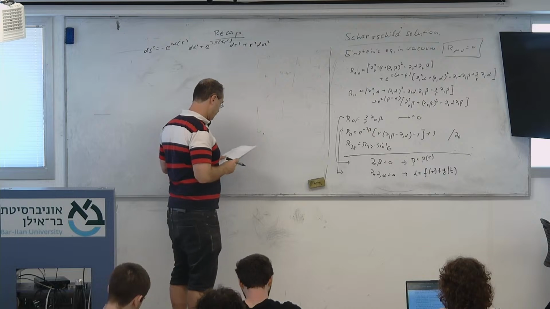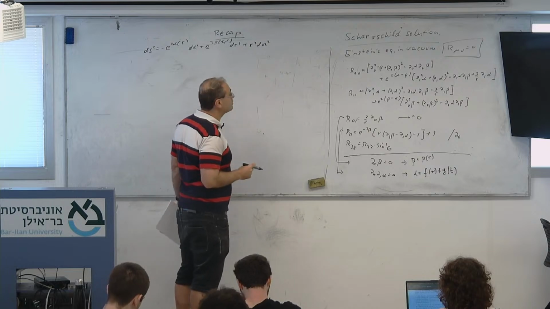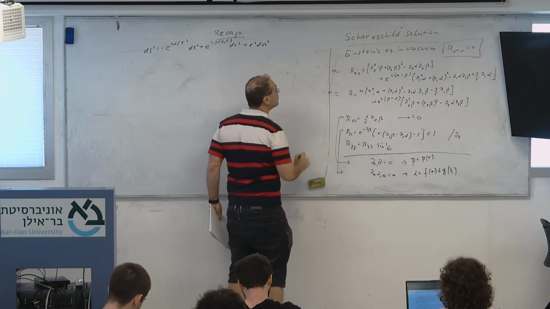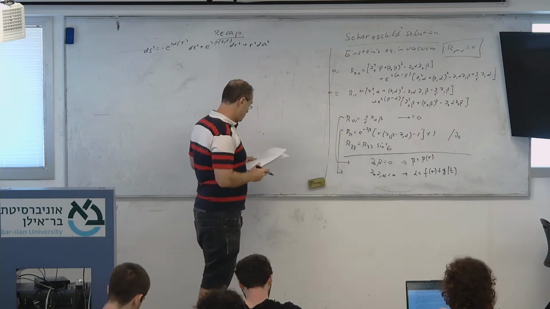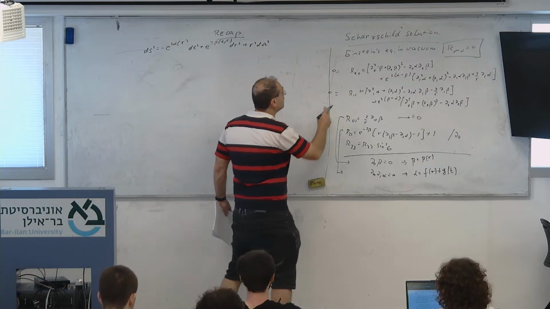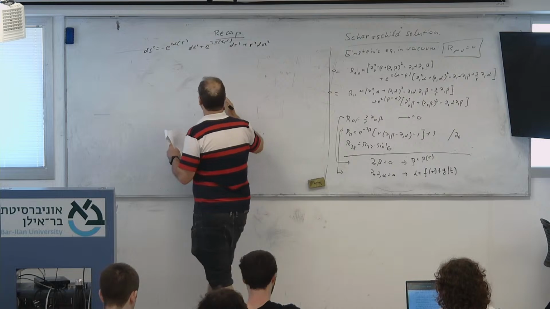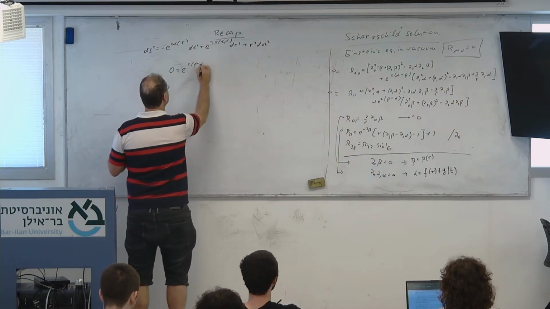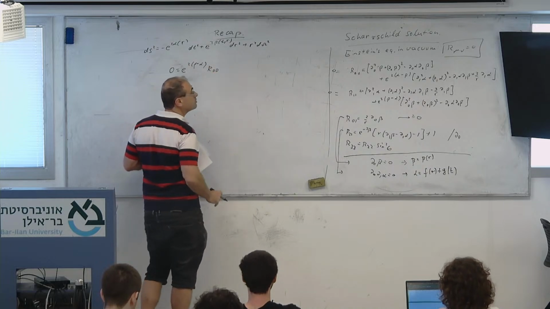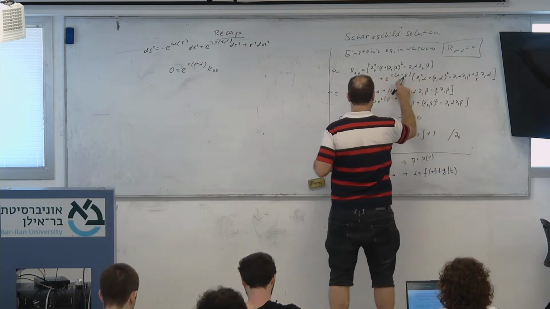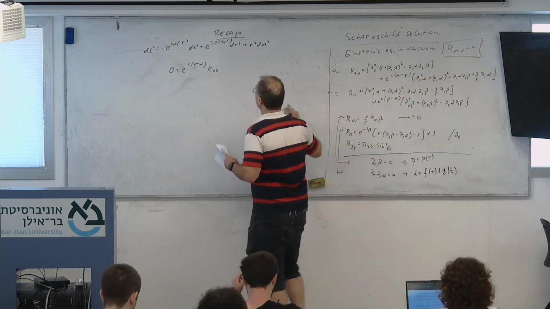So we still have R00 equal to 0 and R11 equal to 0. And what I can do is multiply them. So I have 0 equal to e to the power 2 beta minus alpha, R00, plus R11.